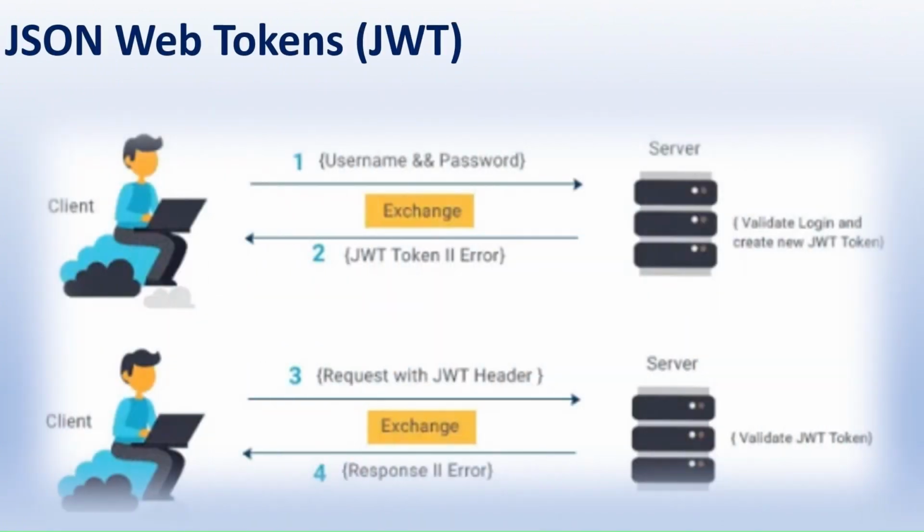JSON Web Tokens, or JWT, are a widely used open standard method of securely transferring data between two parties. They enable token-based authentication and authorization, allowing a user or client to verify their identity and authorization to an API server without repeatedly transmitting sensitive credentials such as usernames and passwords with each request.